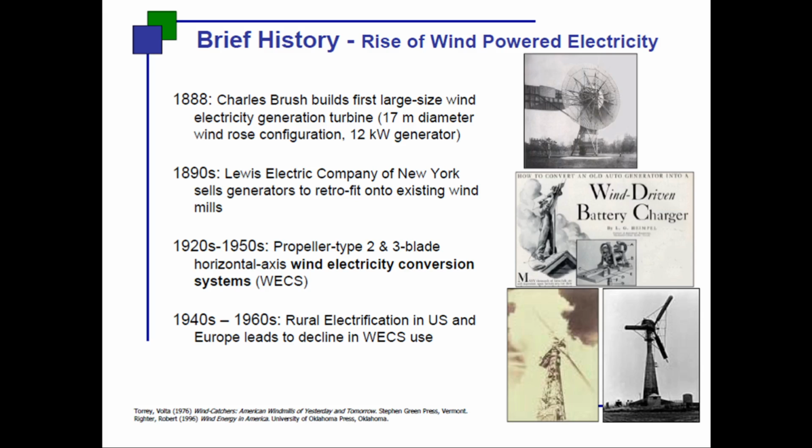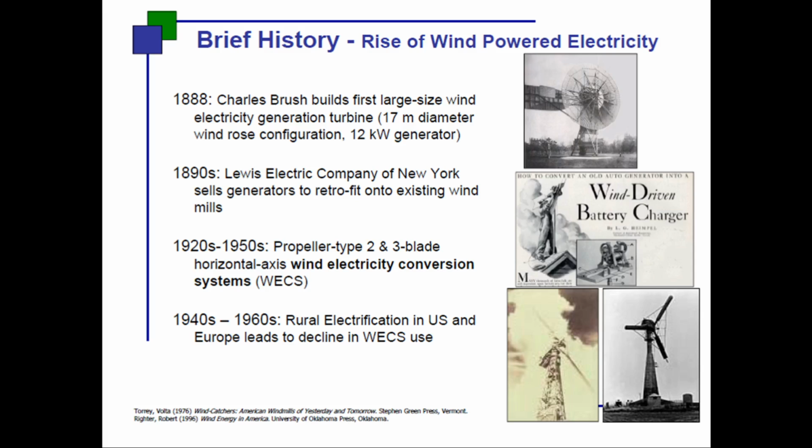Later, people started using wind for generating electricity. In 1888, Charles Brush built the first large-size wind electricity generation turbine. It had a 17-meter swept diameter, and it was able to generate 12 kilowatts of electric power peak.